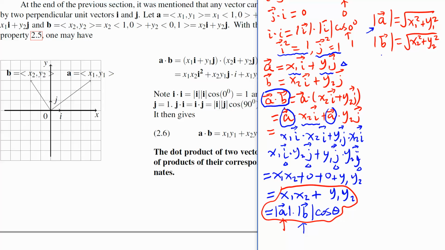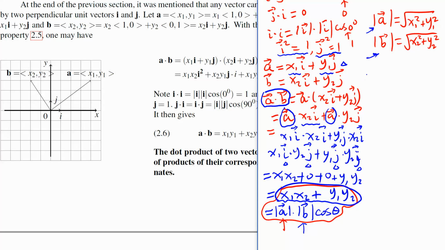And we then can find out cosine theta. It's very interesting.